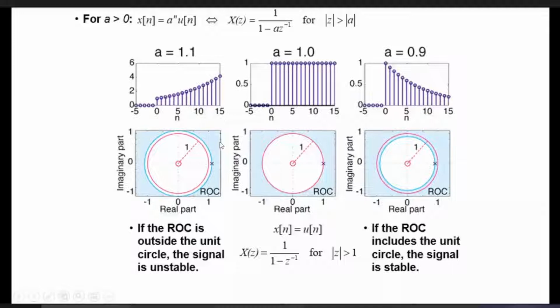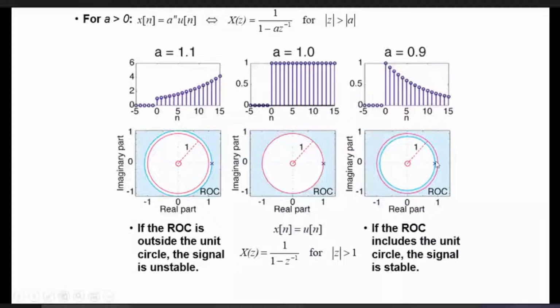Here the ROC has the unit circle inside it. That is the region outside the circle of radius 0.9.